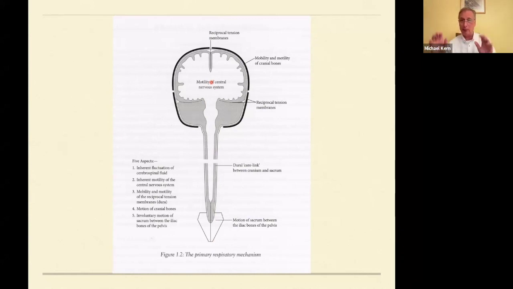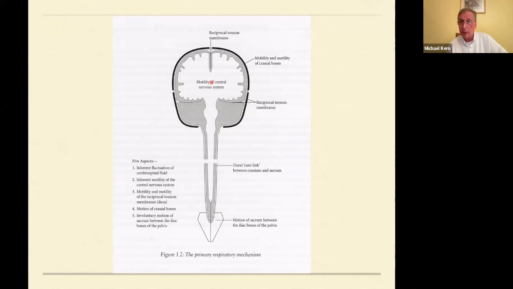He added the name therapy onto it. It was an article in one of the osteopathic journals that started referring to this new branch of practice as craniosacral therapy. And from there, I'll talk a little bit more about the history and the development of the work. But from there, of course, things have developed a lot and spread quite considerably.